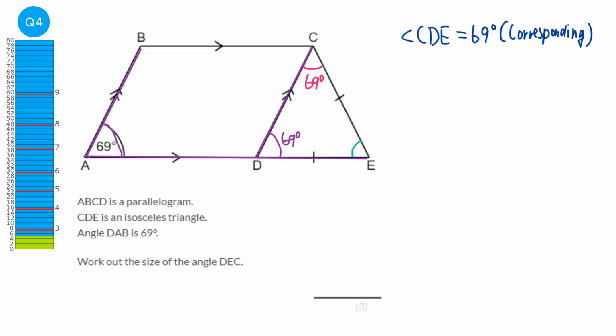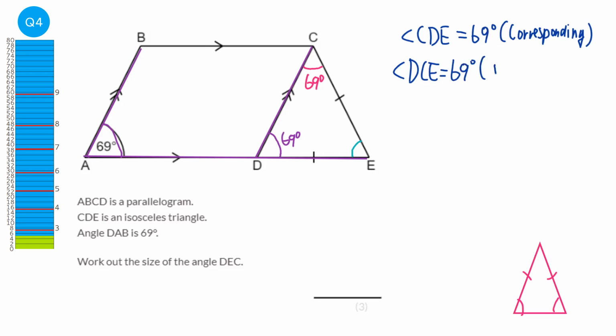Now, when I say that, I mean when an isosceles triangle is the right way up, the bottom two angles are equal. So they're the bottom two angles in an isosceles, although the isosceles is on its side here. And we need to write that down. So it would be angle DCE equals 69 degrees.